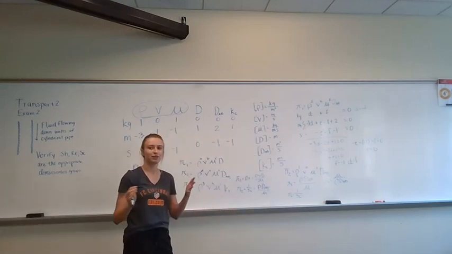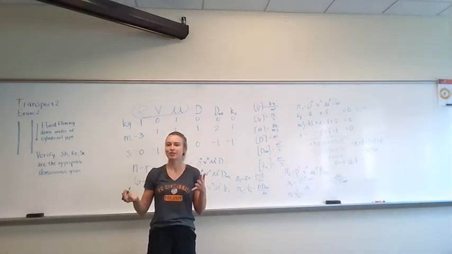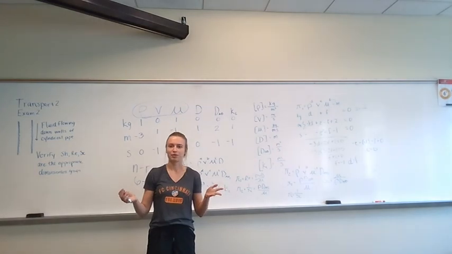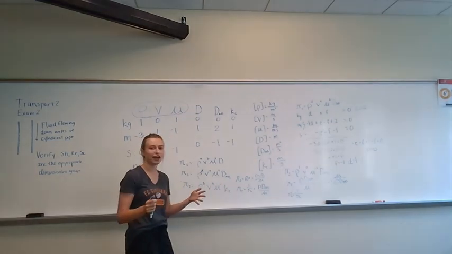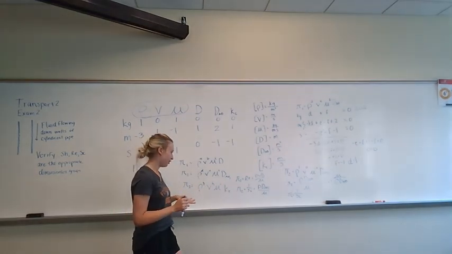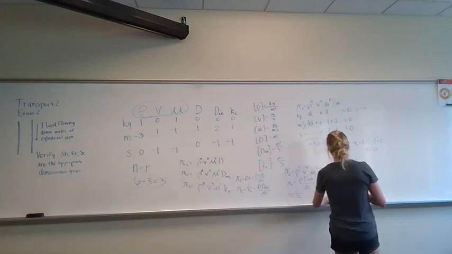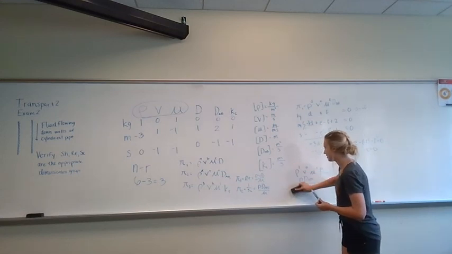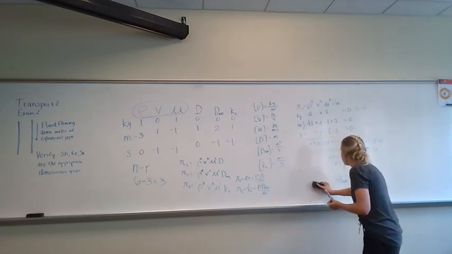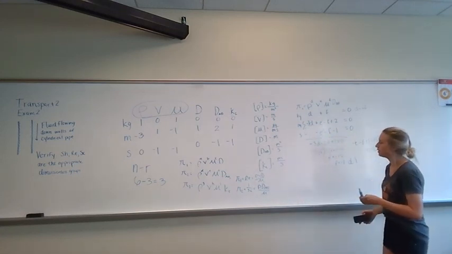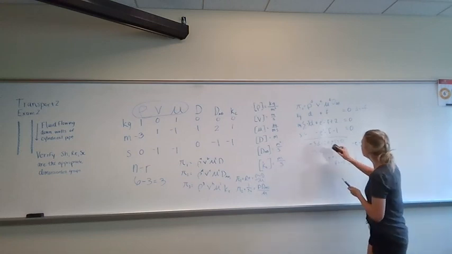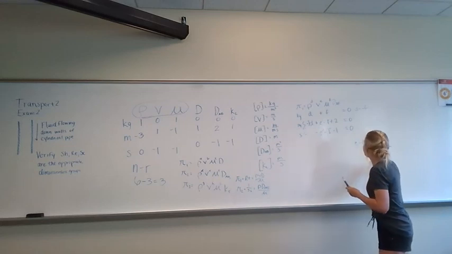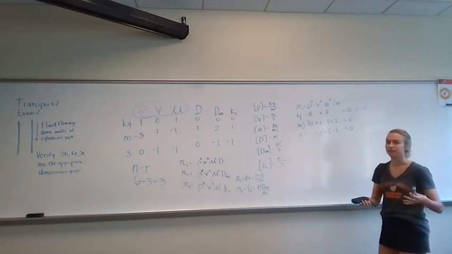Okay, so we've determined that two of the dimensionless groups described in the original scenario are correct and applicable to the situation. So now we just have to solve for pi3. So again, this will be similar to the process that we used to solve for pi1 and pi2. I'll replace the exponents and the non-core group in this equation, and the rest will remain the same since, again, the units do not change.